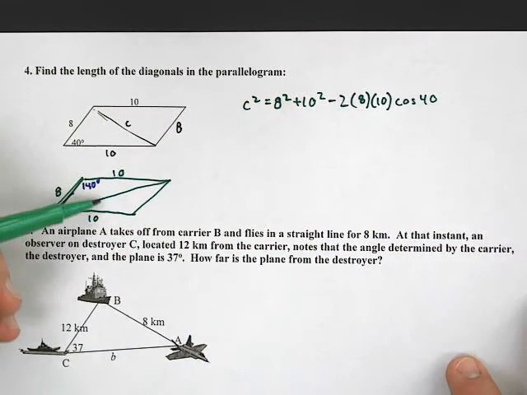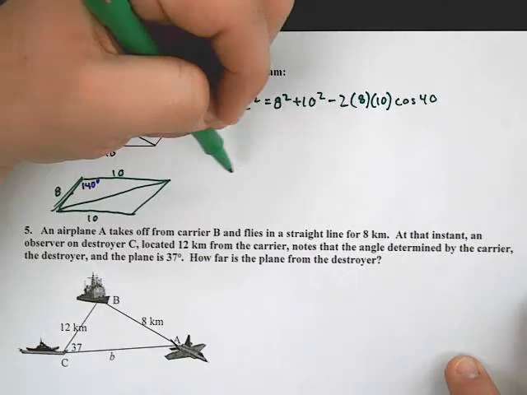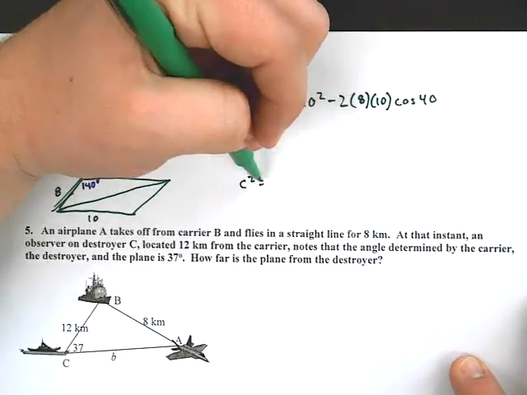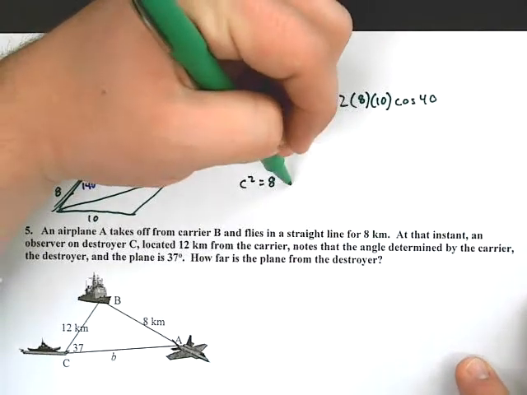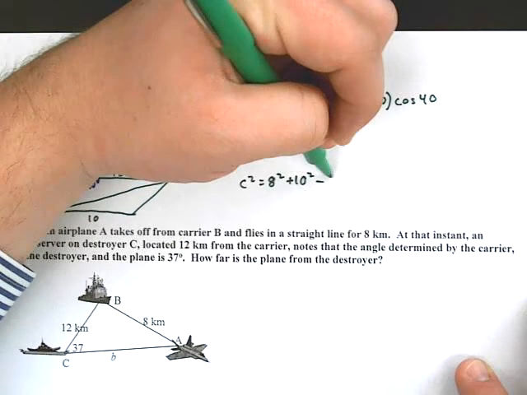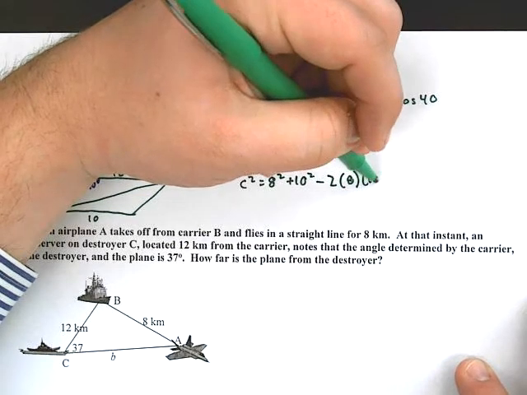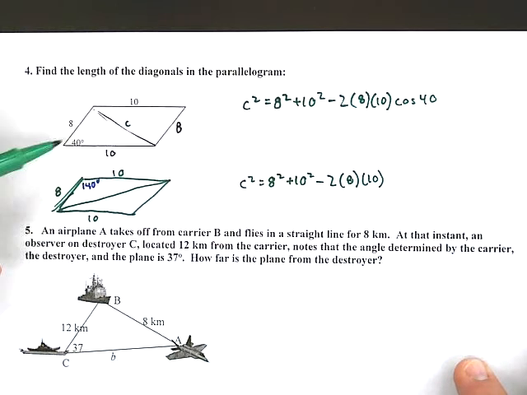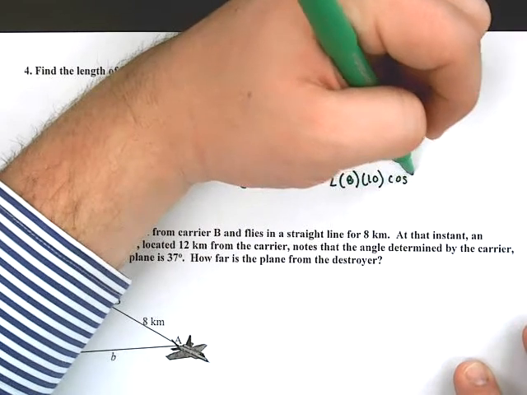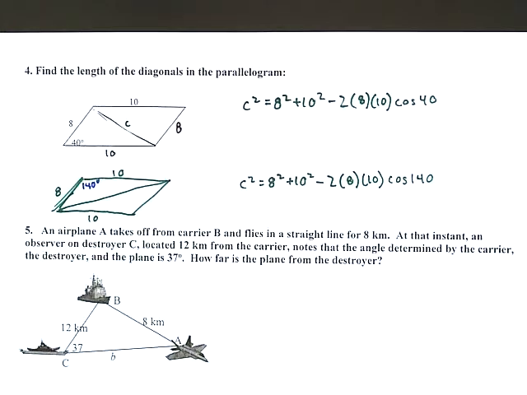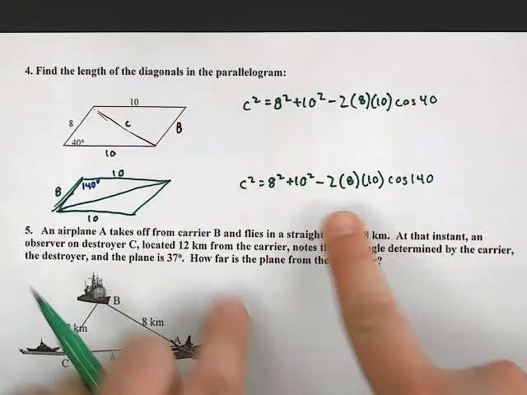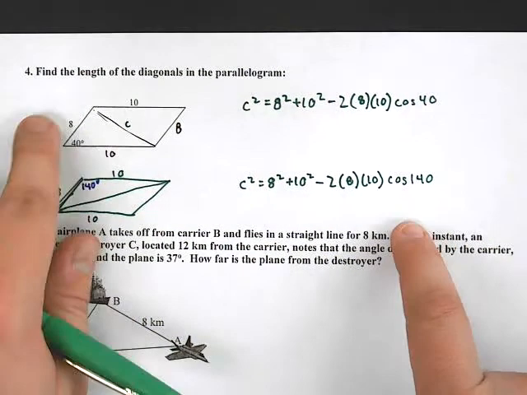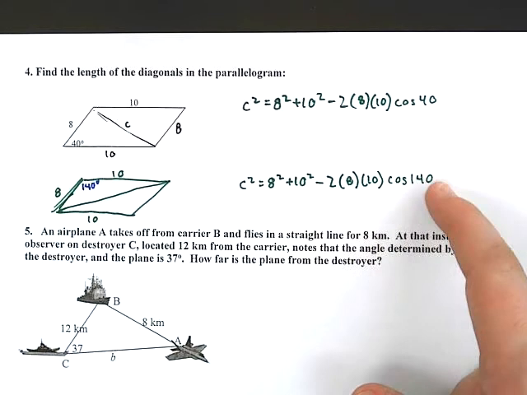Well, it's still the side across from the angle I have, so I'm still going to say c squared, and I still have 8 squared and 10 squared, so minus 2, 8, 10. The only difference is the angle measure. The angle is now 140. Alright, so in both of these, the setup is pretty much the exact same. You're using the same sides, it's just the angle changes, okay?